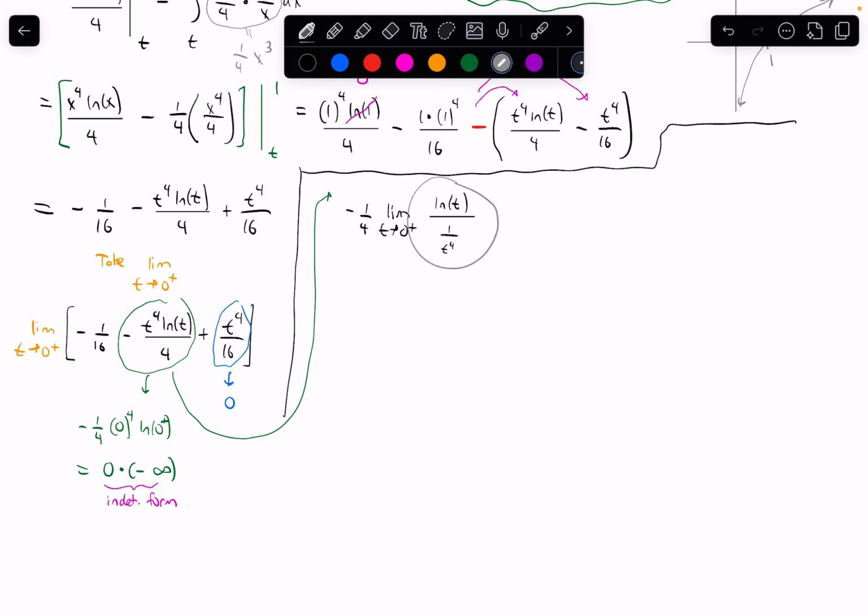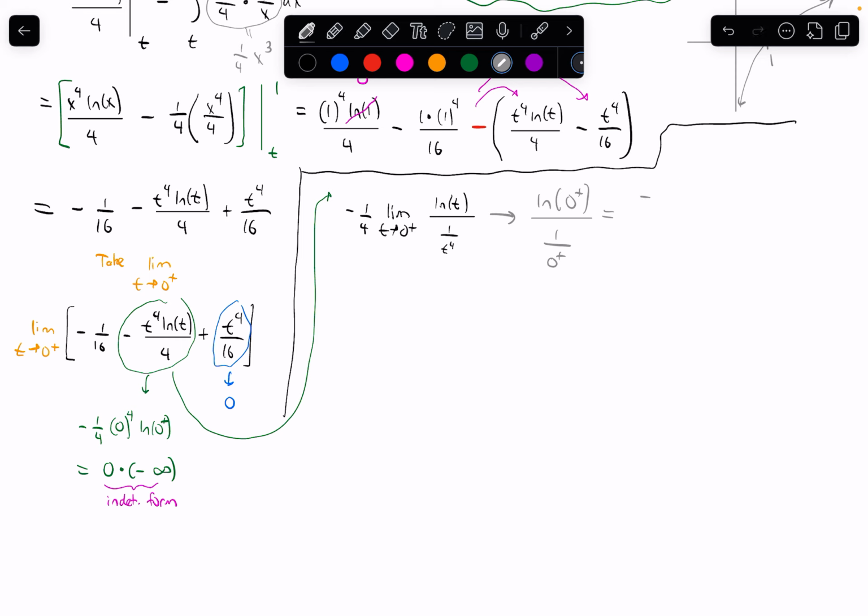Before I do L'Hopital's rule, I have to check, now that I did that, am I getting a form I can do L'Hopital's on? So I plug in, and that'll give me ln of 0 with a little plus over 1 over, and if I plug in 0 with a little plus sign into that denominator, if I do that to the 4th power, it'll be 0 with a little plus sign, which just means it's very close to 0, but it's bigger than 0.